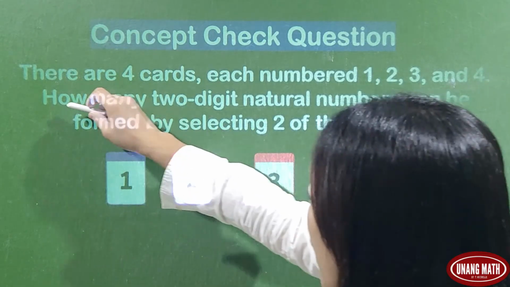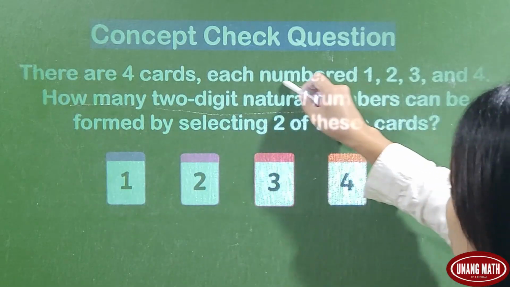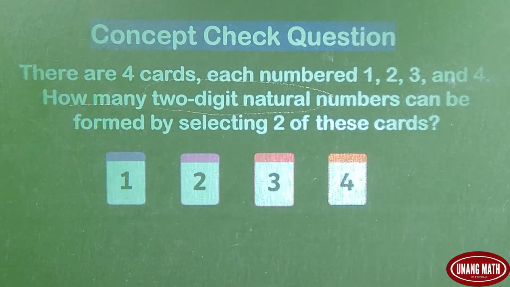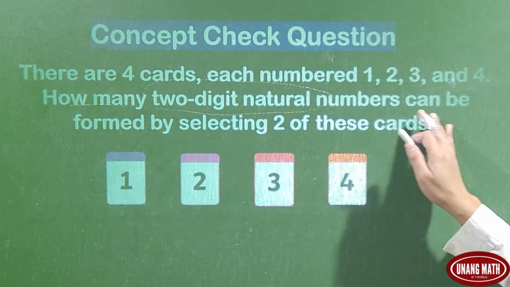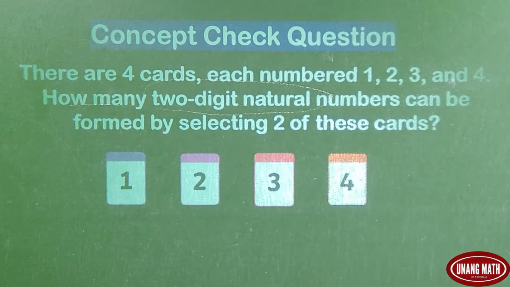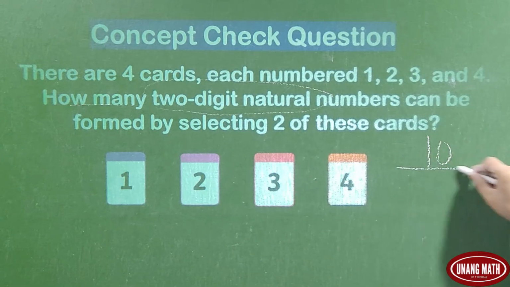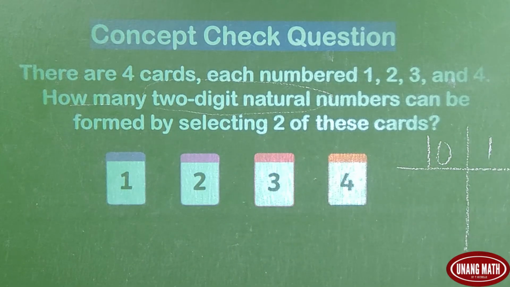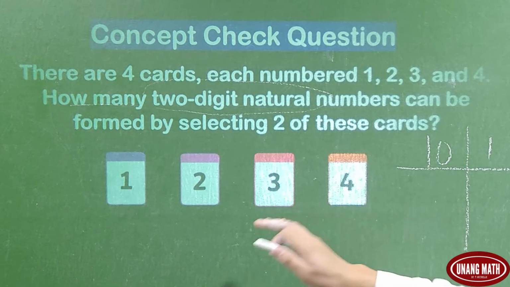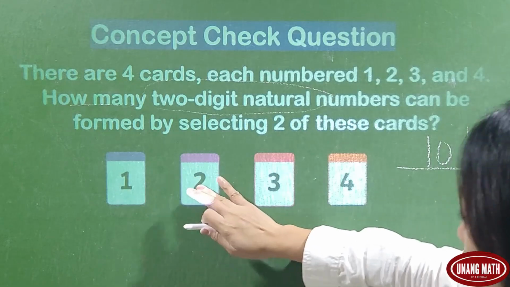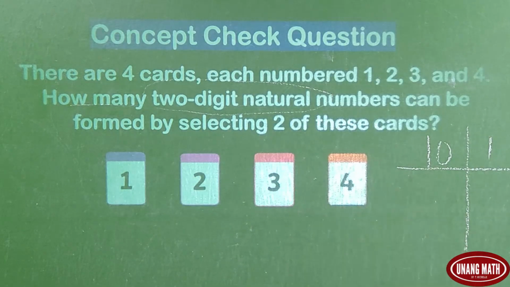It's asking for how many 2-digit natural numbers we can form by selecting 2 of these cards. So 2-digit natural numbers. We have numbers in the tens place and numbers in the ones place. So in the tens place, how many numbers can we write? It can be 1 or 2 or 3 or 4. So we have 4 numbers.